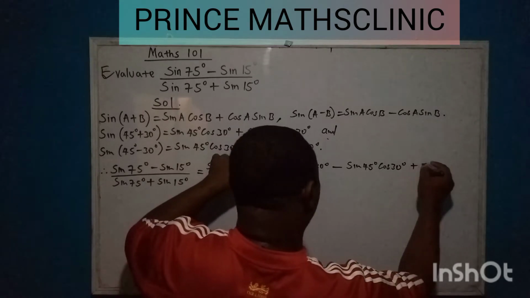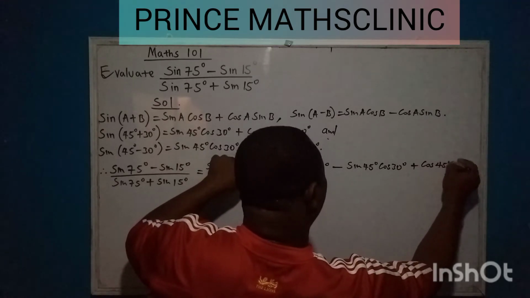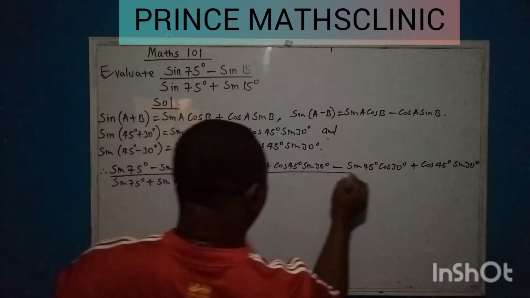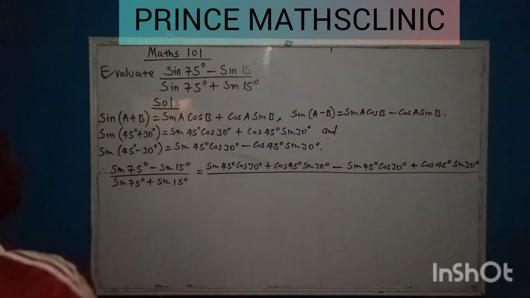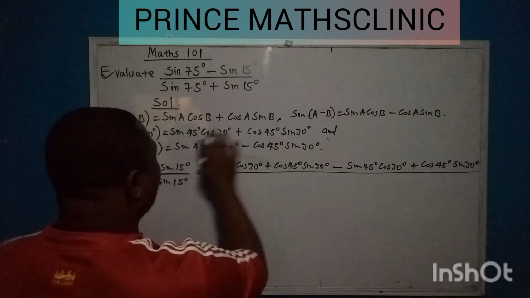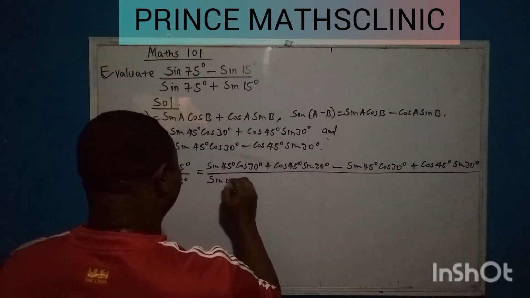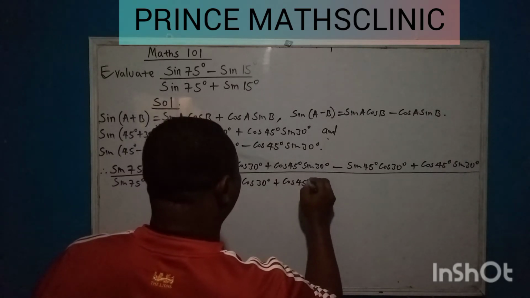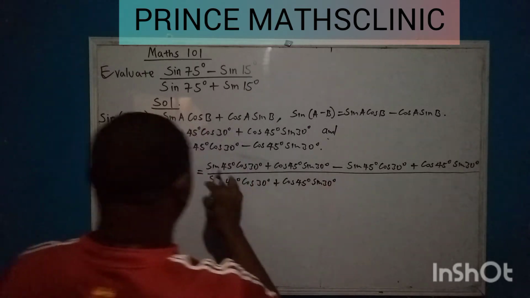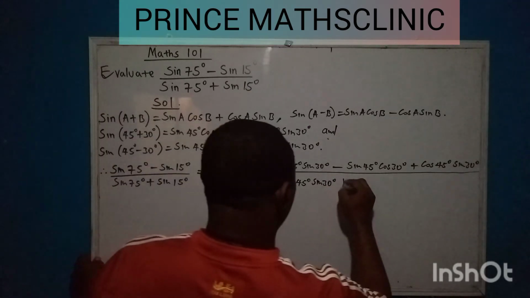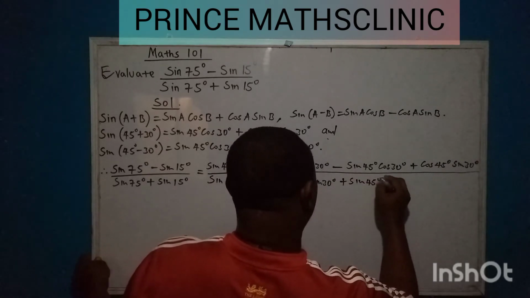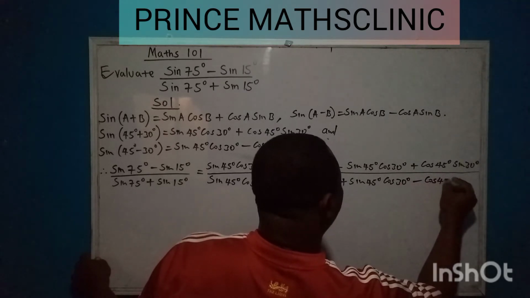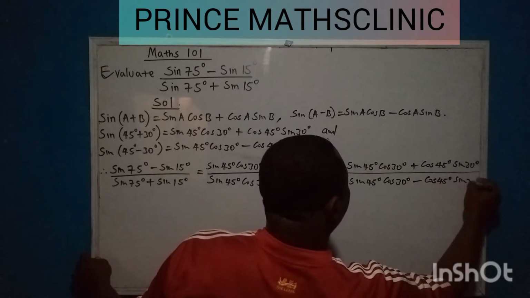Minus times minus will turn this to plus, plus cosine 45 degrees sine 30 degrees, over. Now everything here is positive, so it will come out naturally: sine 45 cosine 30 plus cosine 45 sine 30 degrees, added to this, plus sine 45 cosine 30 degrees minus cosine 45 degrees sine 30 degrees.